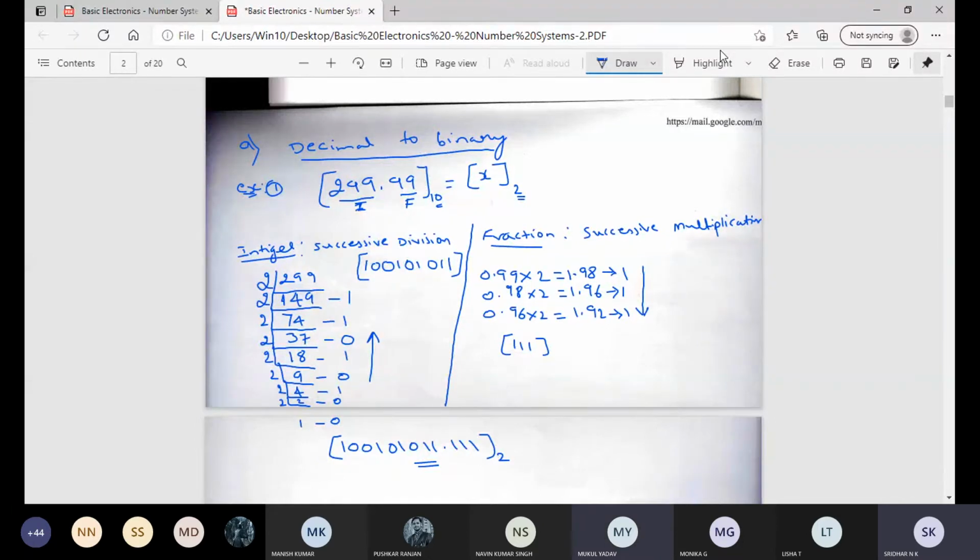See, for example, here how many digits are there in the fraction? 2 digits, correct? In the given number. So you better stop at plus 1 digit. That's quite enough. If they particularly mention up to 4 iterations or 5 iterations, you do 5 iterations. If they have not mentioned anything, you stop somewhere around 3 or 4. That's quite enough.